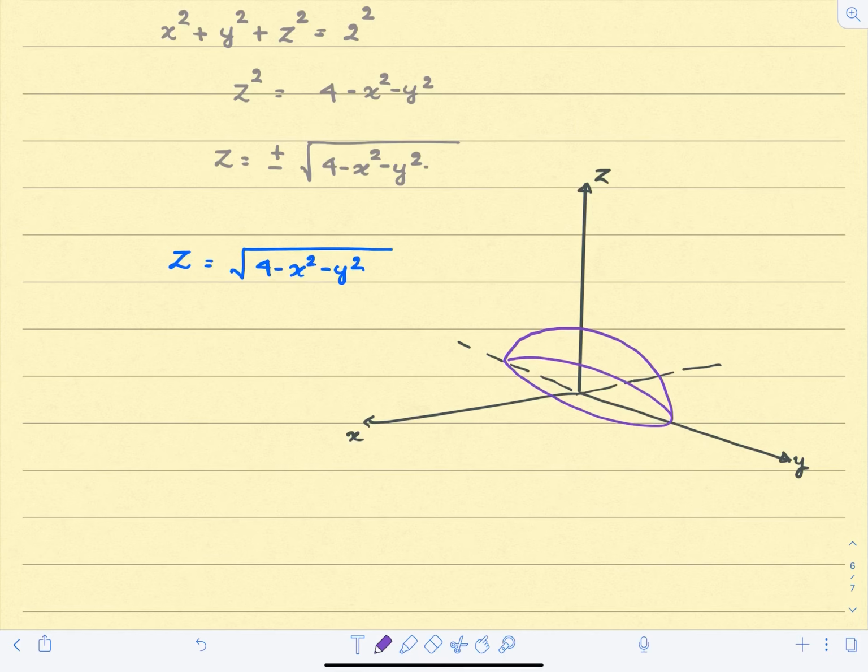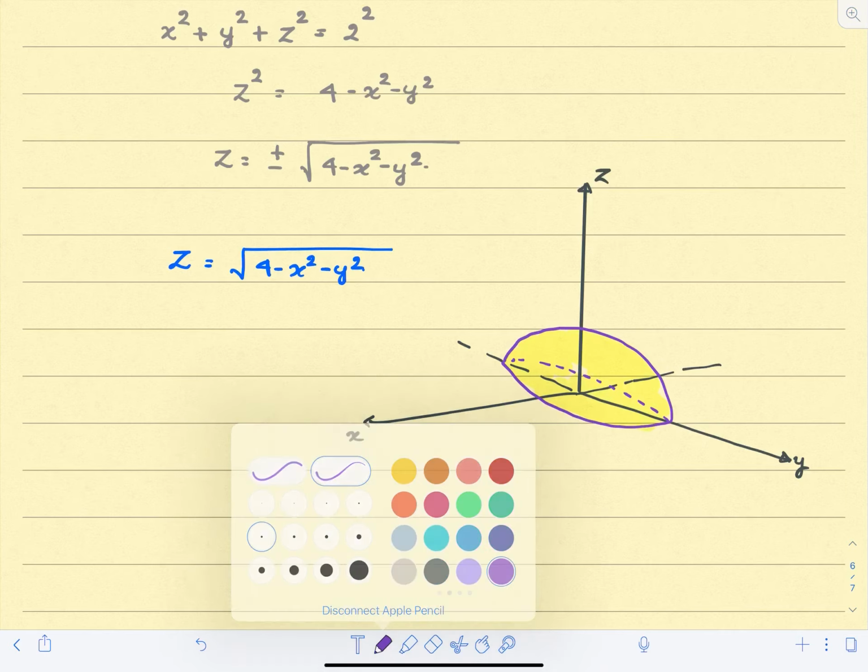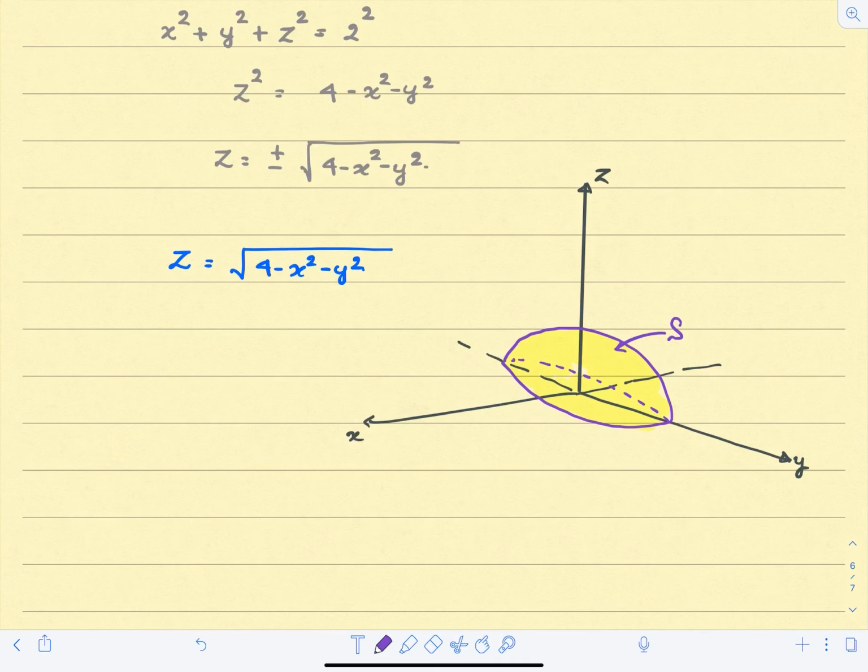So surface S should be this part. That's your surface S, and its equation is z equals the square root of 4 minus x squared minus y squared.